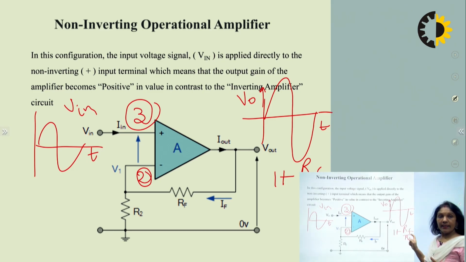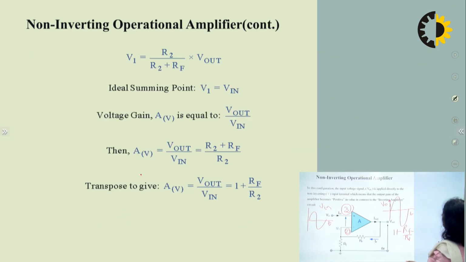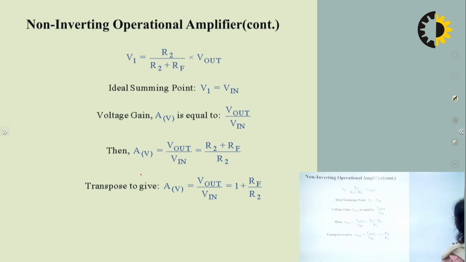So you will get more gain in the non-inverting amplifier, and it will be in the same phase as your input signal. Here you can see this is the gain of the non-inverting amplifier.